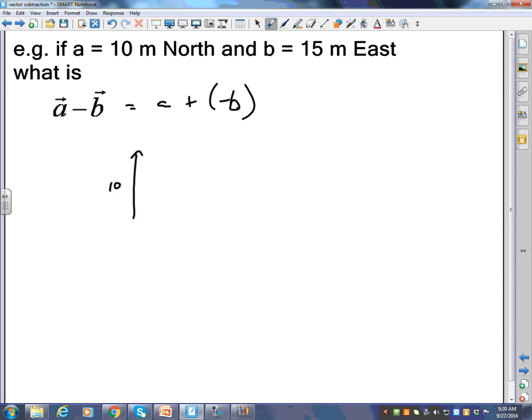And then B, instead of being 50 meters east, what's negative B going to be? 15 meters west. So then just add them together.